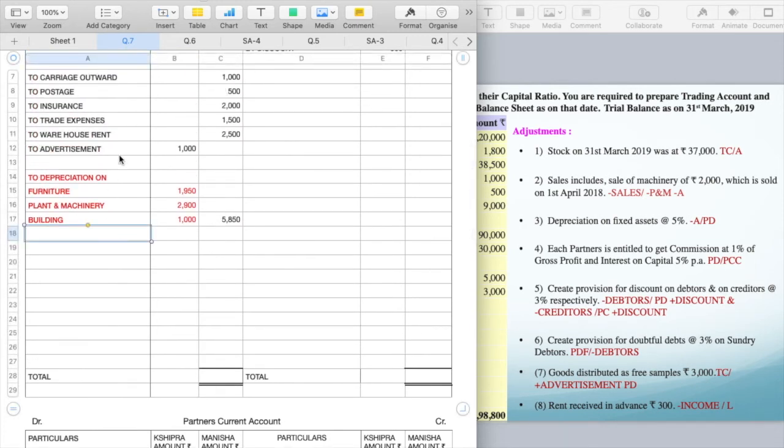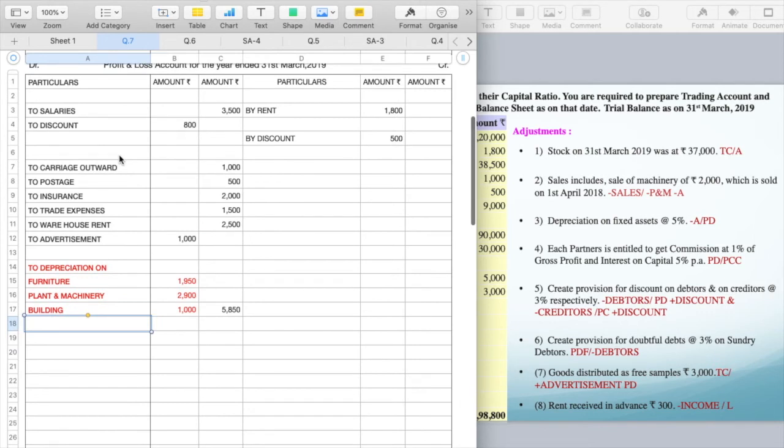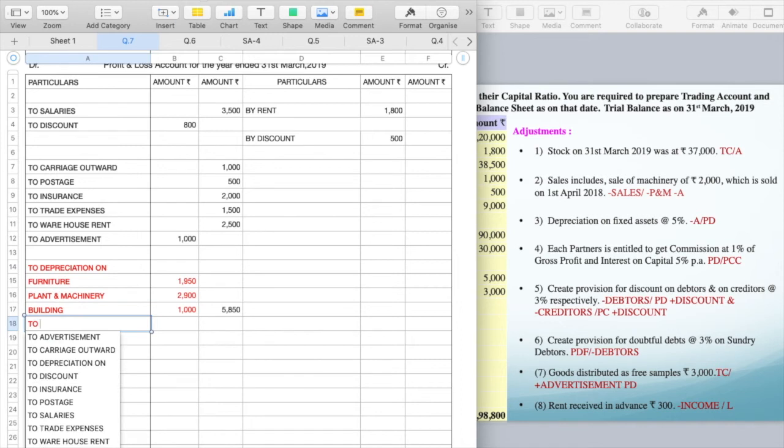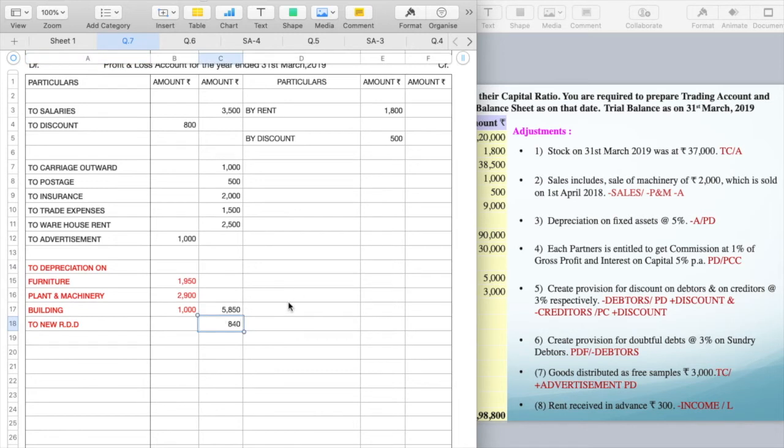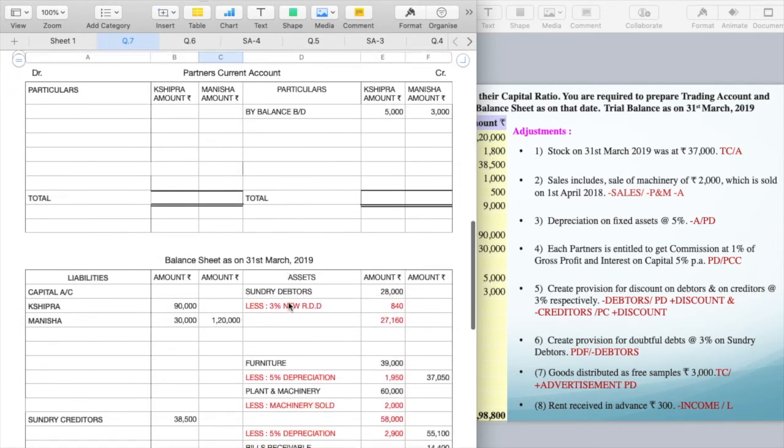Now this time we have not written any formula of bad debts because bad debts is not given, old RDD is also not given. So we'll just write new RDD and directly in the outer column 840.